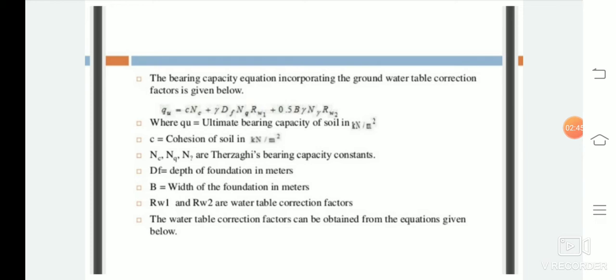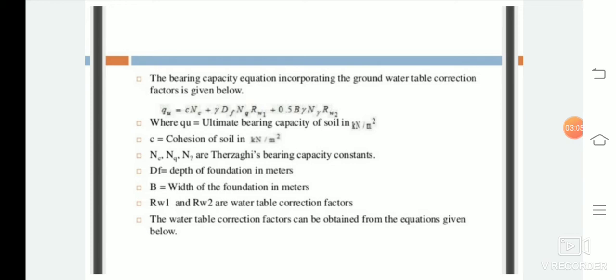Normally, the ultimate bearing capacity of the foundation, as given by Terzaghi's equation, is Qu equals cNc plus gamma Df Nq Rw1 plus 0.5 gamma B N gamma Rw2.